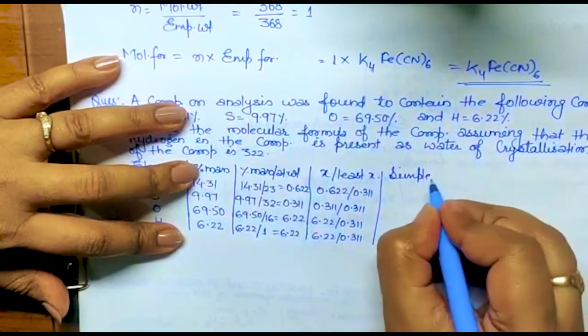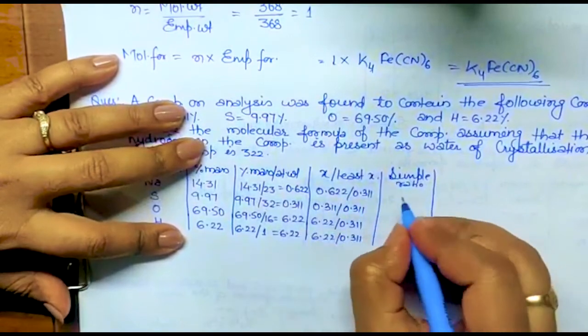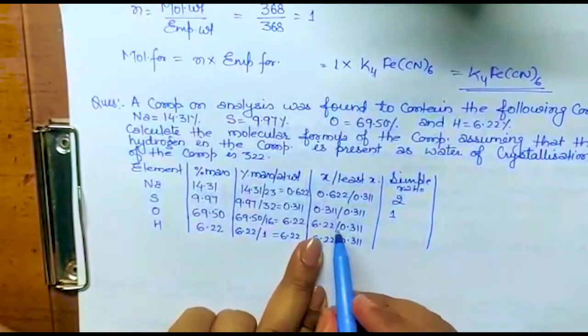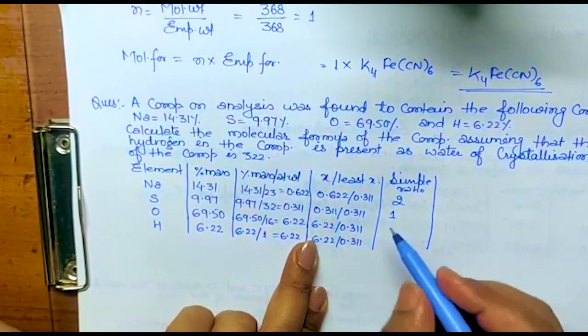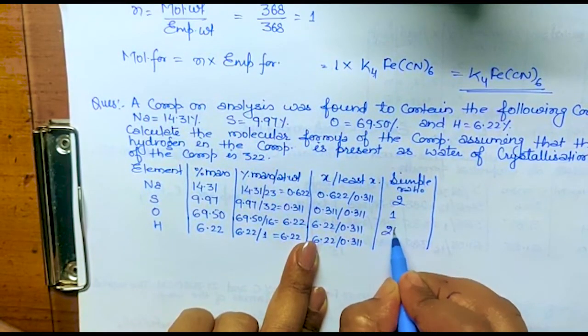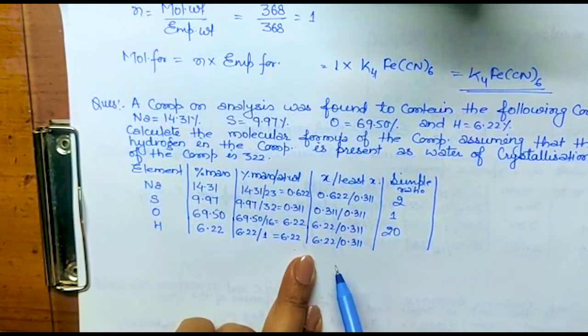This calculation is easy, simple, yes. So this is exactly 2, this is exactly 1, and see 0.622 was 2. So this will be what? 20, isn't it? Okay, and this will be what it comes. One second.